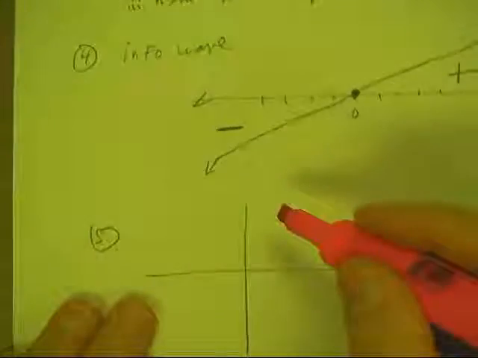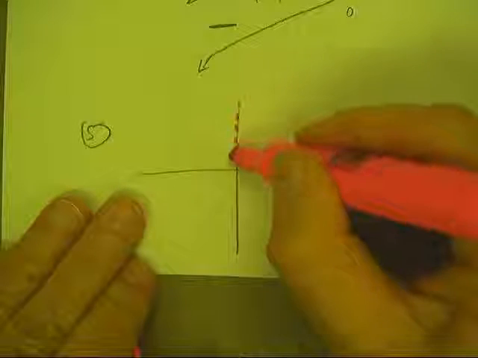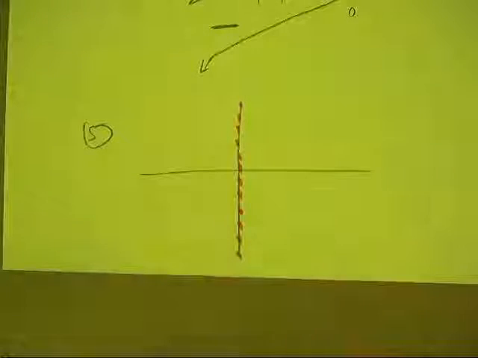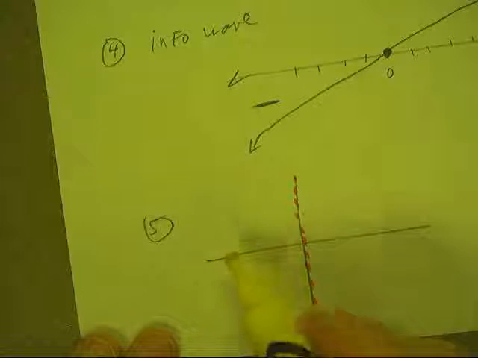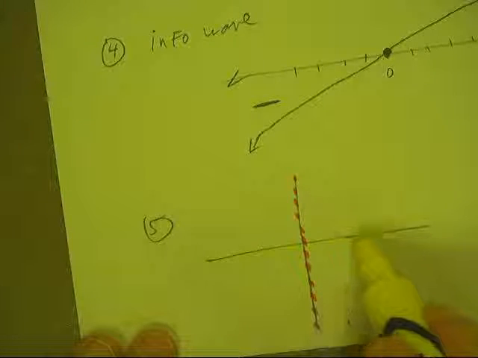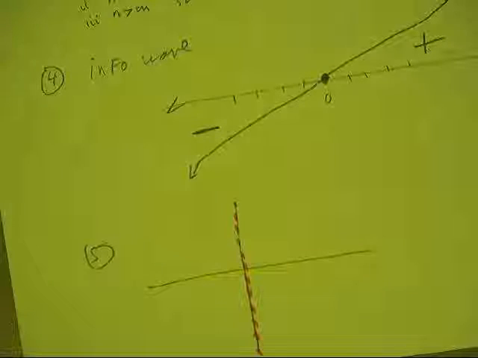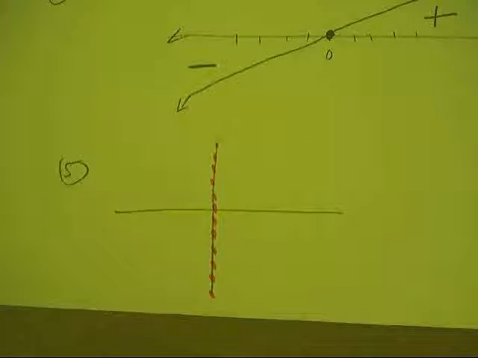We want to graph the vertical asymptote, so that's right here. It just happens to be on the axis. And then we come down here, the horizontal one is y equals 0. Like so. So we get the asymptotes graphed.